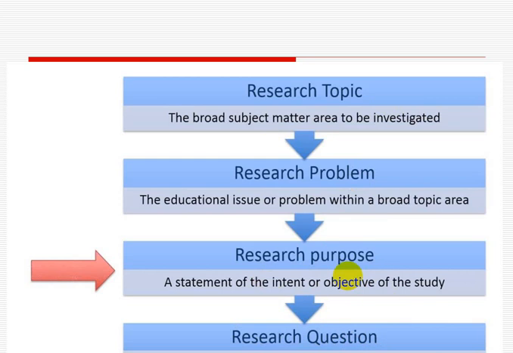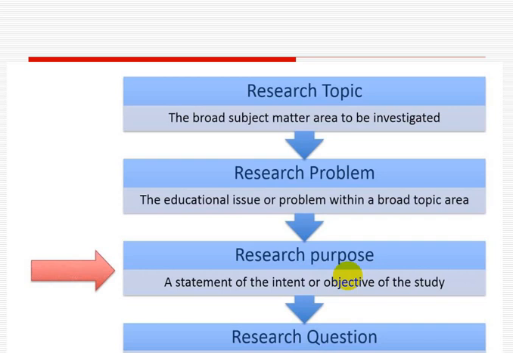For example, if your research objective states that this study is designed to investigate effective techniques of teaching grammar, in, for example, grade 9 or grade 12, or year 1 students at university, then when you conduct a research question, you have to look at your research objective: investigate effective techniques of teaching grammar.